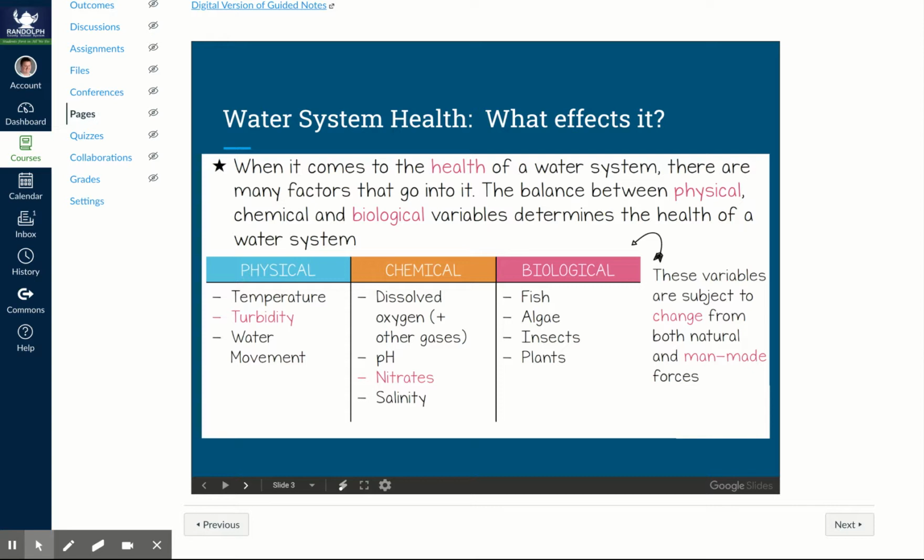Some organisms do really well in unhealthy water systems. However, they're the only organisms that are there. So if we only see organisms A and B, that tells us that the water quality might not be that great, because those are the only organisms that we see.